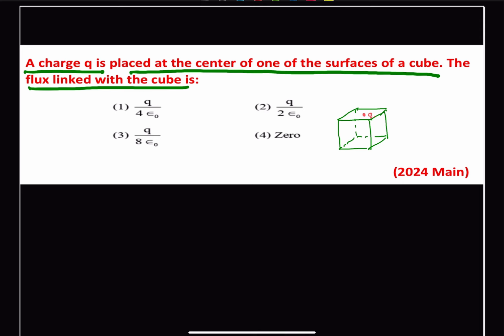So here we draw a symmetric surface which is similar to the cube.